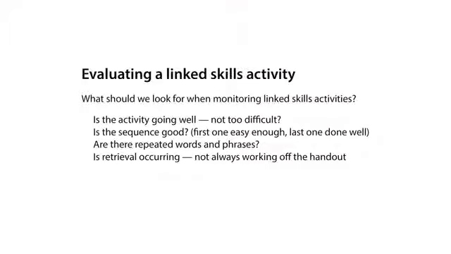The fourth thing to look at when evaluating a linked skills activity is to make sure that retrieval is occurring. When learners do step 2 and step 3 of a linked skills activity, can they do it without having to look back at material? Can they do it without having to see what was done in the first step or the second step?